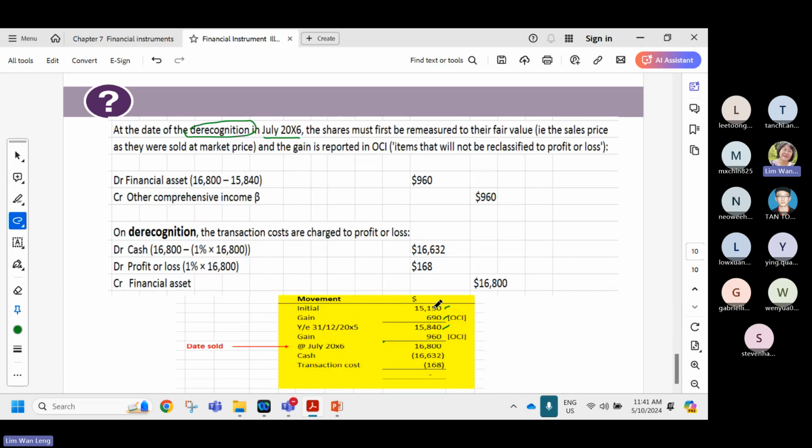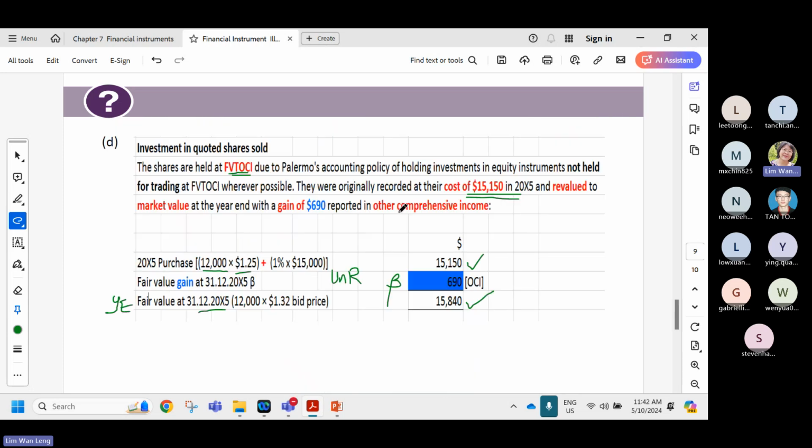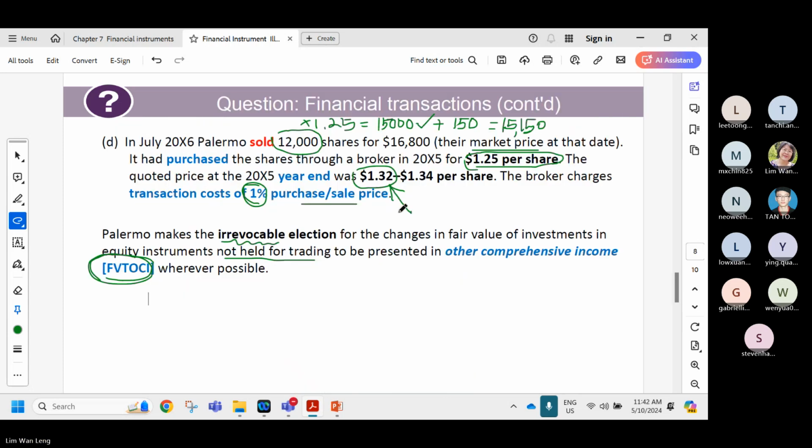This is our status. Then what happens? Just before you de-recognize, you must measure them to their fair values first. So when you remeasure them at their respective fair values, it was sold for 16,800.